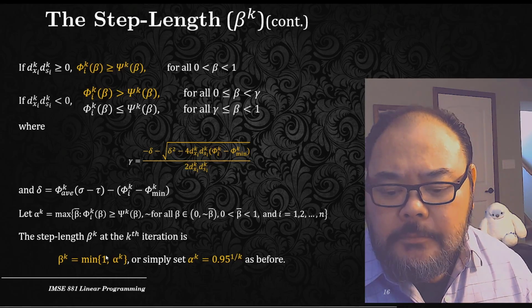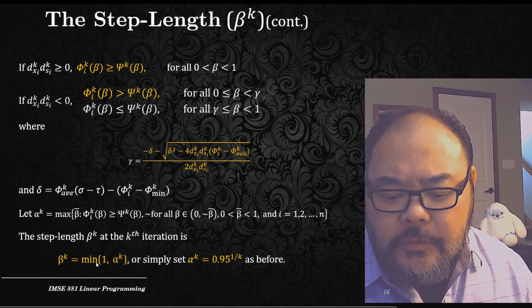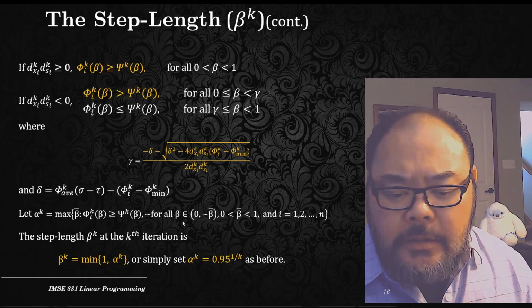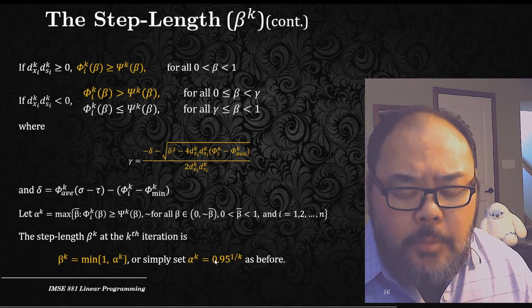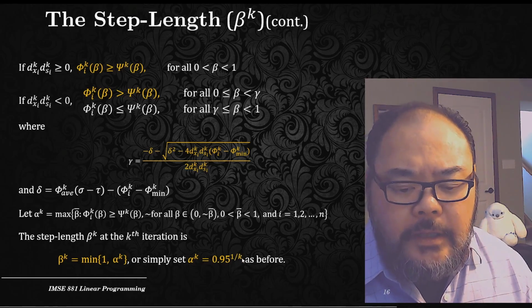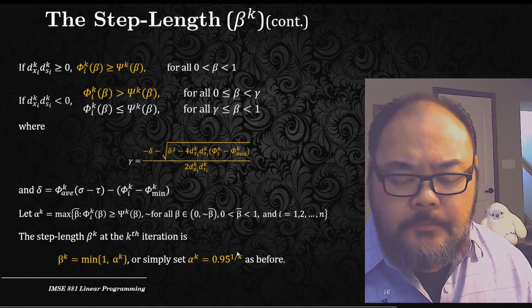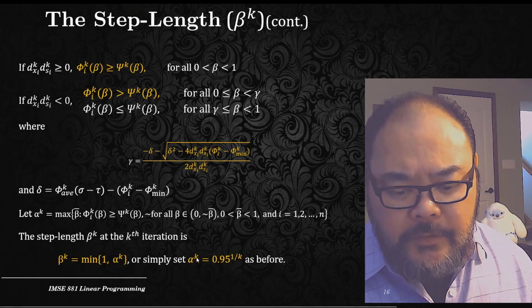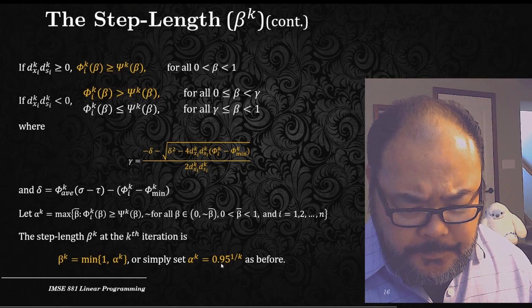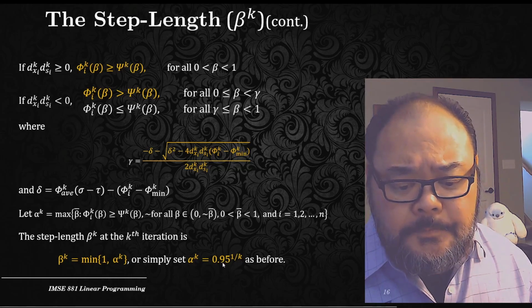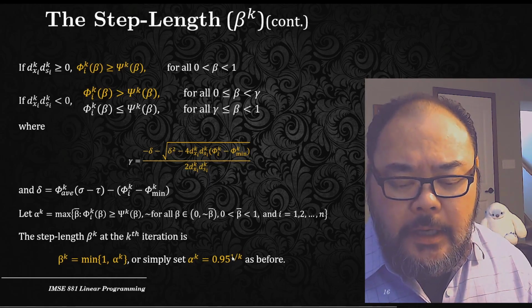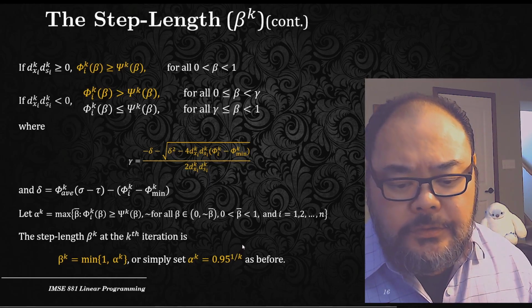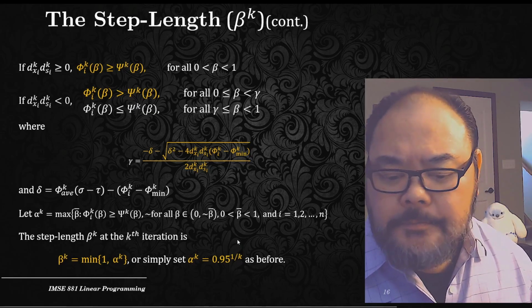For practical implementation, we can use as before: alpha k equals 0.95 or 0.99 of 1 over k, where k is the number of iterations. So we guarantee alpha k starts with 0.95 or 0.99 and gradually increases close to 1. I'm sorry.